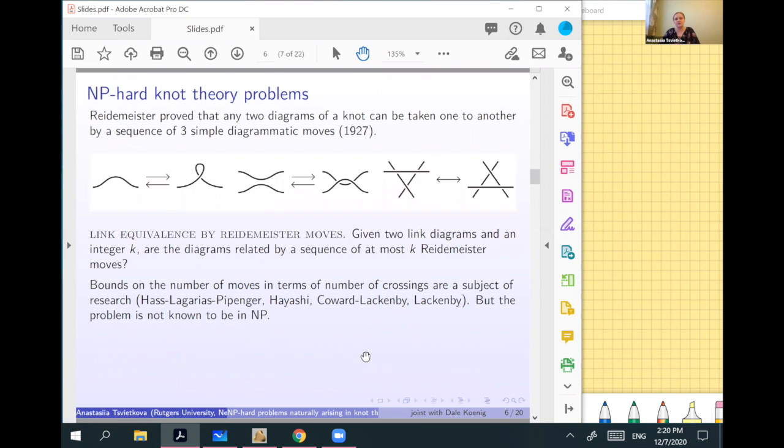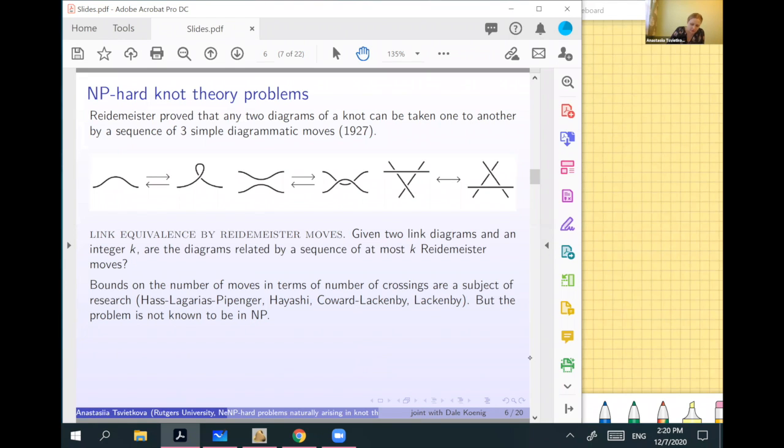So, first of all, let's go to link isotopy. There are many ways to look at link equivalence, and perhaps the oldest is to look at Reidemeister moves. Back in 1927, Reidemeister proved that any two diagrams of a knot can be taken one to another by a sequence of three simple diagrammatic moves.